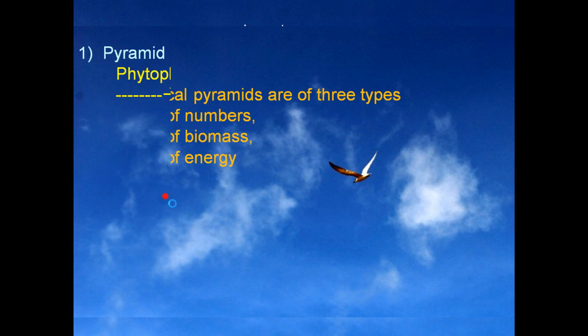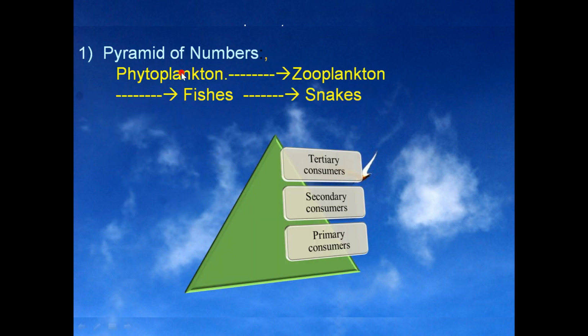So the pyramid of numbers shows the relationship between producers, herbivores, and carnivores, or the successive numbers in the trophic levels, and the number of individuals at each trophic level decreases from producers to the carnivores.